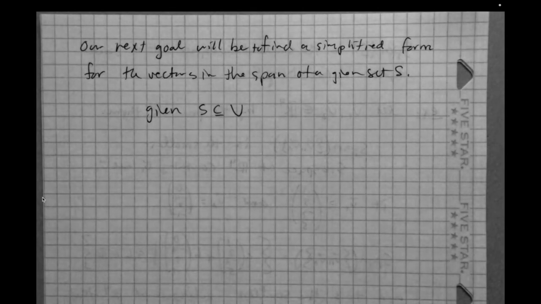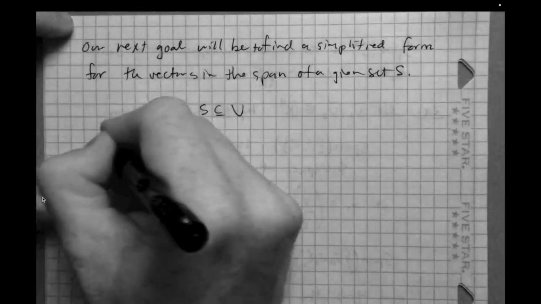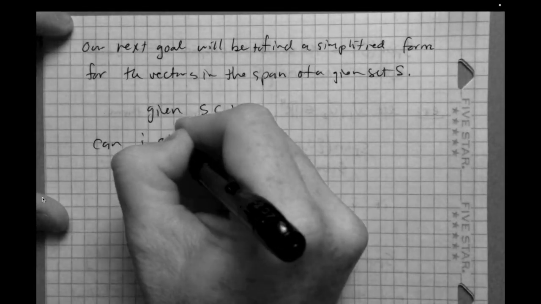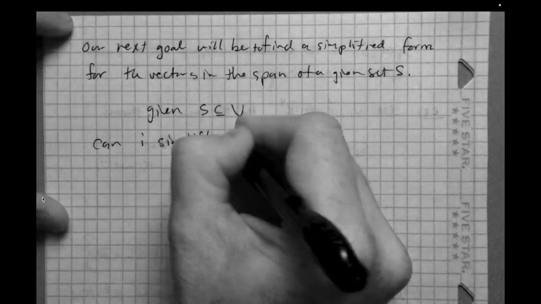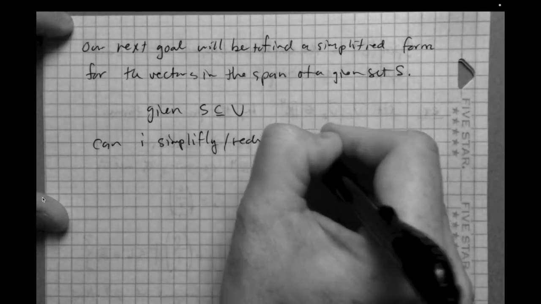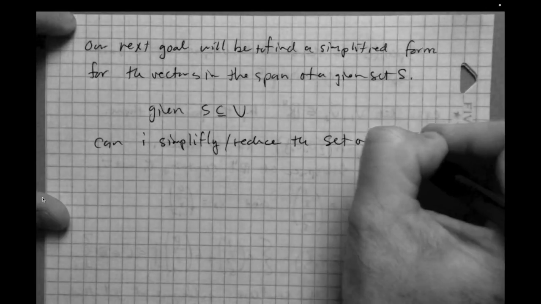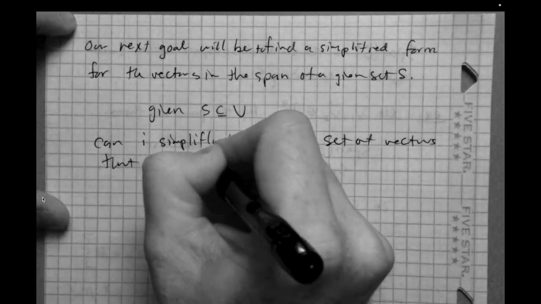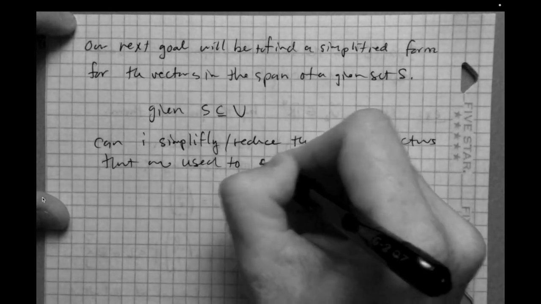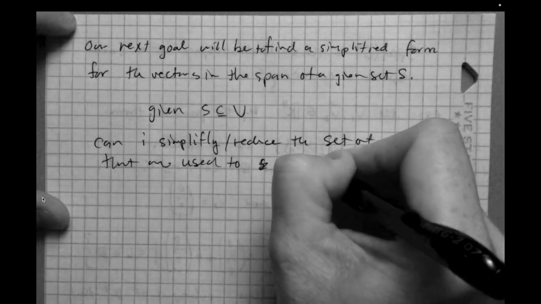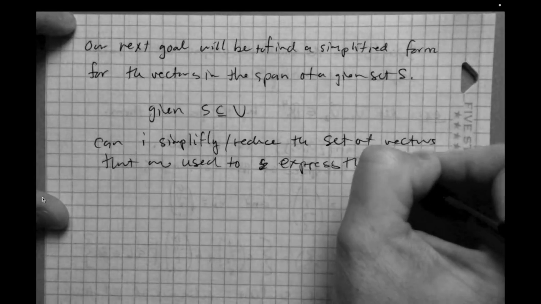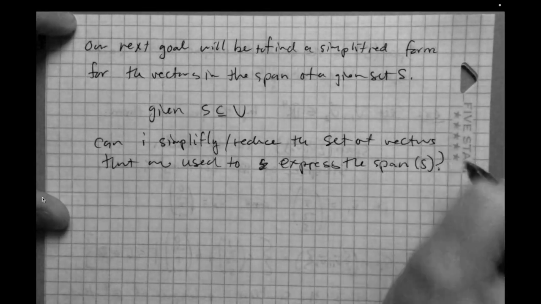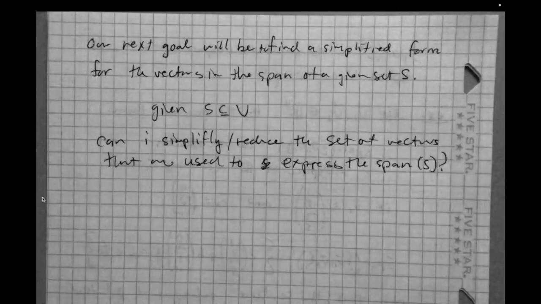That's the question: can I simplify or reduce the set of vectors that are used to express the span? And the answer is yes, there is definitely a way to do that.